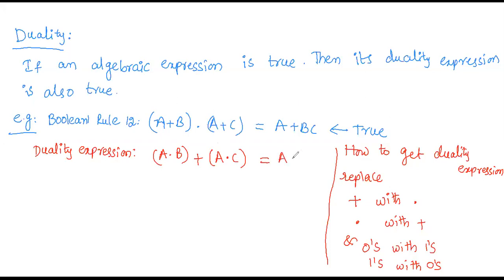Next, A. Next, BC. What is BC? It is not a direct literal. It is B into C. So wherever you get the dot, you have to replace it with a plus sign. Okay, this is the duality expression. Already we proved rule number 12.